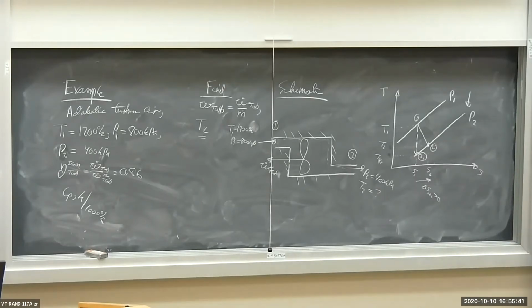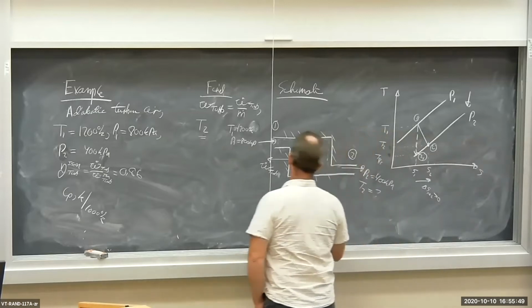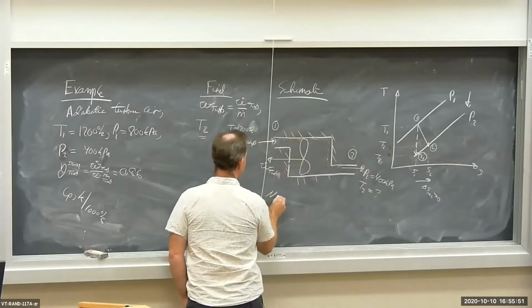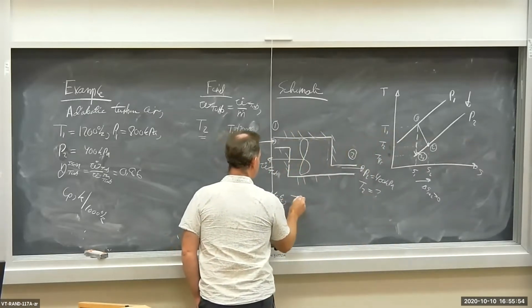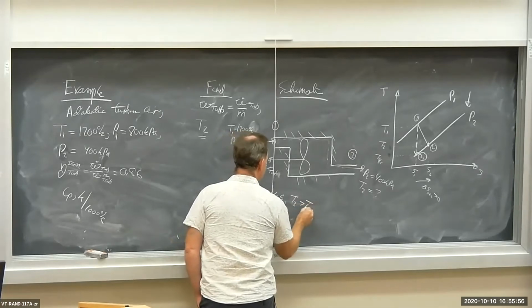So the real device has a hotter exit temperature than the reversible device. So I'll just write this right here. Note, T2 is greater than T2 sub S.